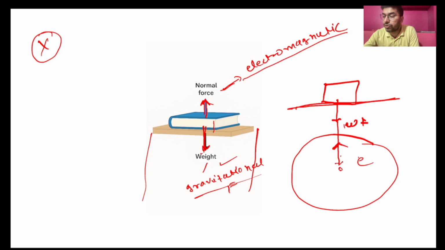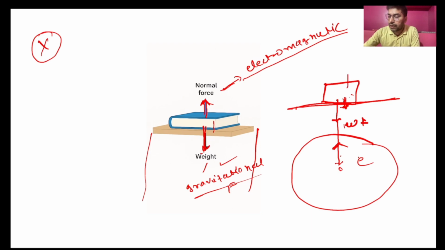Next, where is the normal reaction? Now see, equal to the weight force, there is one contact force the book will apply on this table, with the same amount as the weight. If you consider the book and table pair, we can consider a contact force: the book is applying on this table, right?